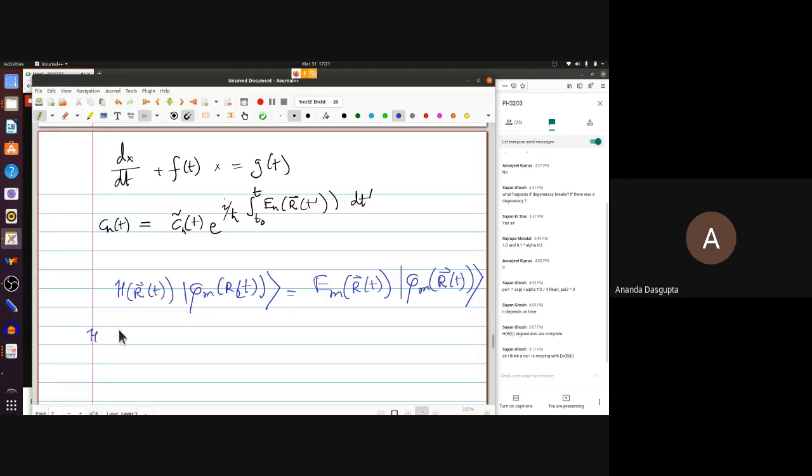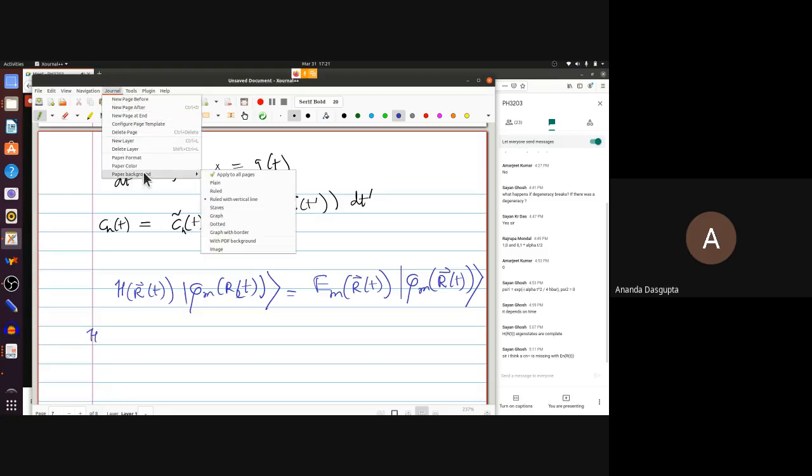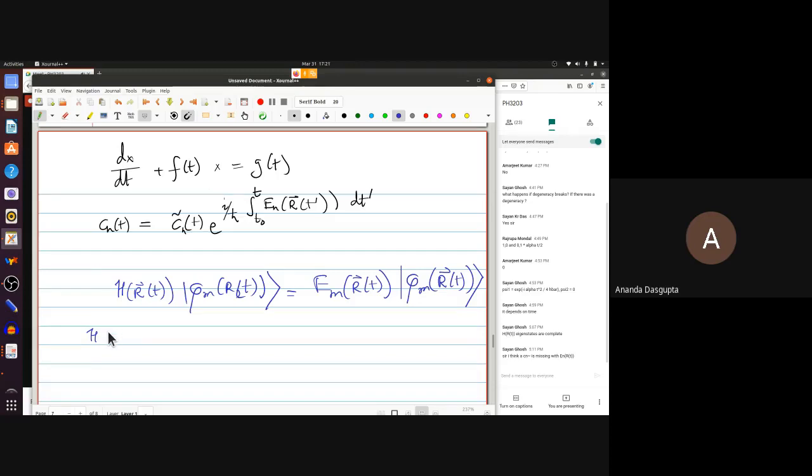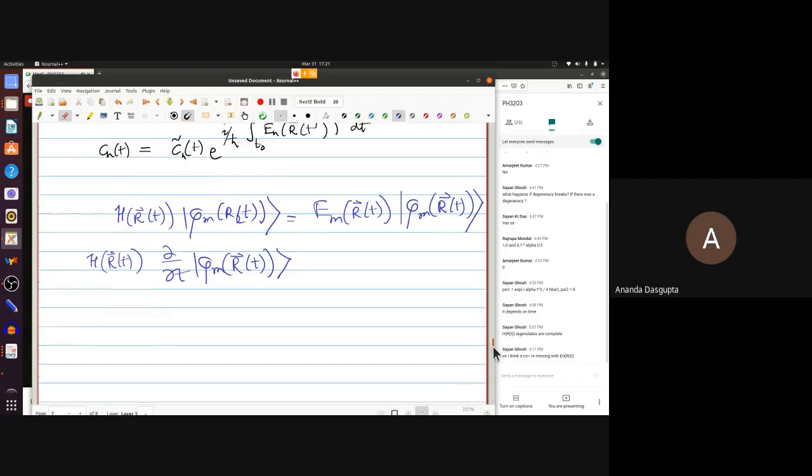So the left hand side will give me two terms actually. One where del t acts on this, and the other where del t acts on H. So you get plus. That is, of course, the left hand side. What about the right hand side? That gives you del En del t.